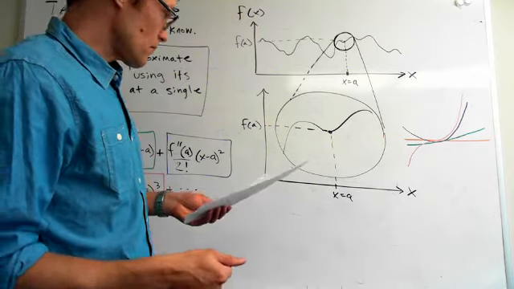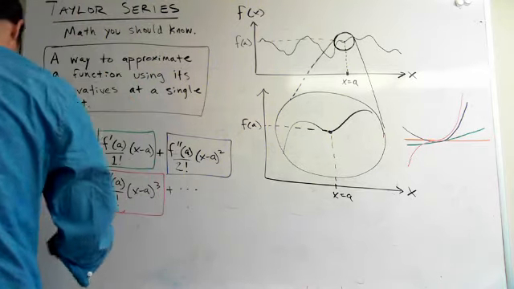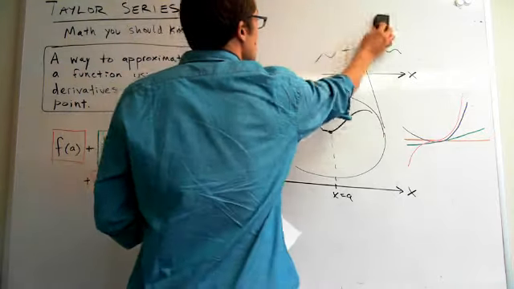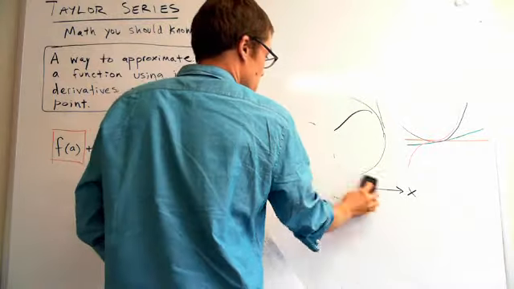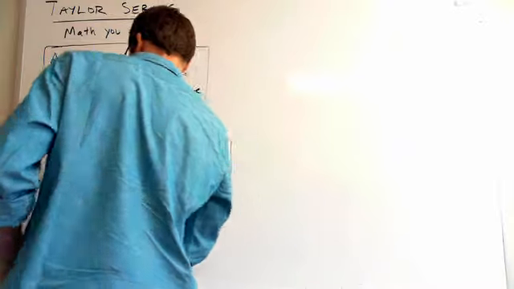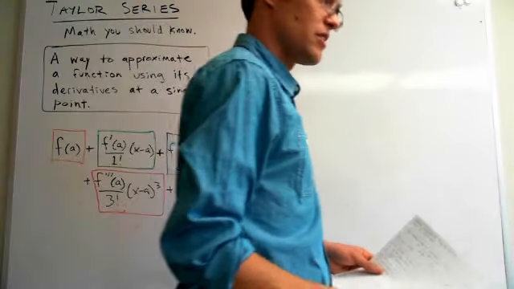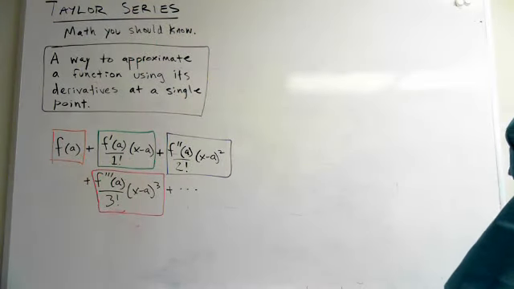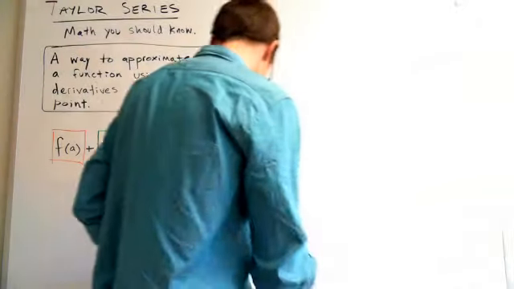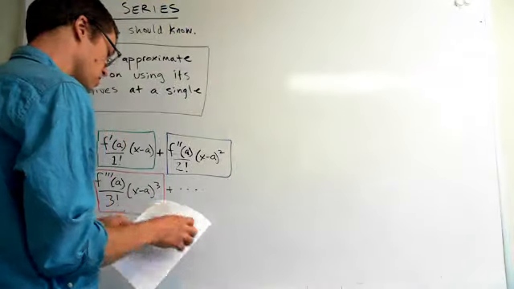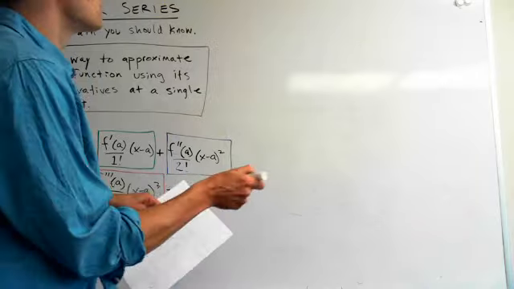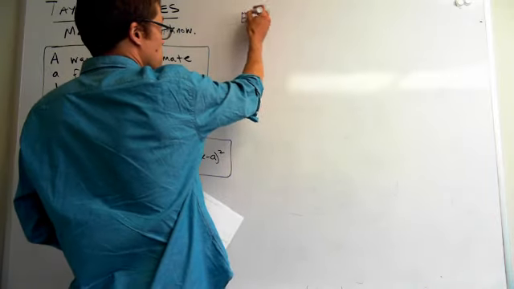Okay. Now, let's go ahead and see how this might be useful for approximating, for example, the small angle approximation with trigonometric functions like sine and cosine. So let's figure out an example.